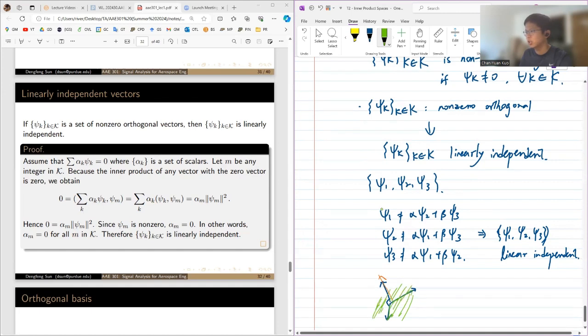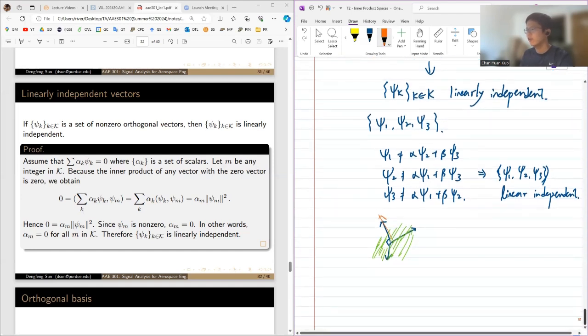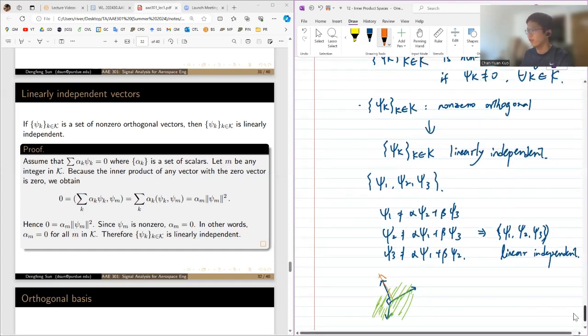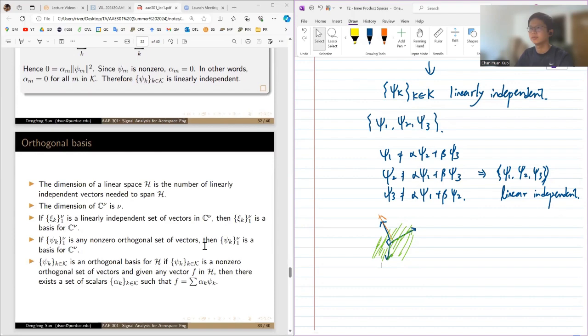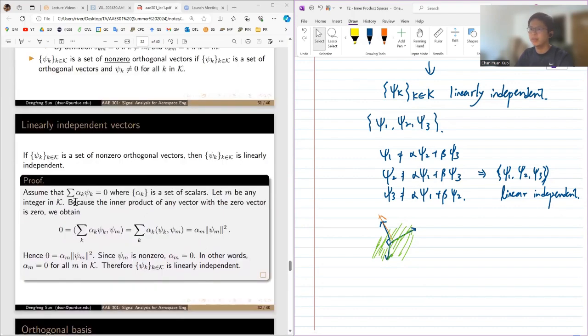And you can see that this plane is perpendicular to this orange direction. So there's no way to obtain this direction with a linear combination of these two vectors. You can verify the same for the other two vectors as well. And in the end, you will see that a set of non-zero orthogonal vectors is linearly independent. If you want to show this mathematically, you can refer to the proof here.